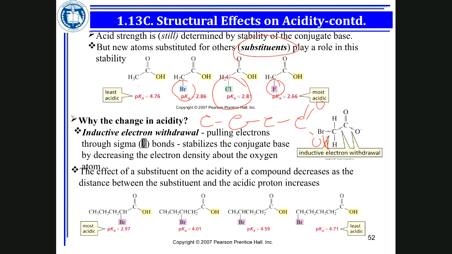If I move the fluorine to the 3rd carbon, comparing this with this, fluorine closer to the acid functional group, fluorine further away from the acid functional group, this is a long distance effect. So comparing these two, the top one is going to be more acidic compared to the bottom one, because your electronegativity is the same, but the distance is further away.